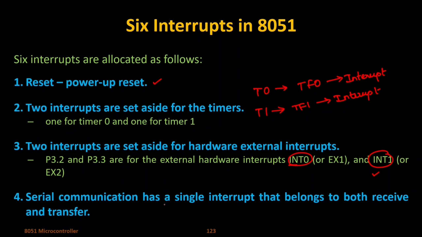For serial communication, we are having one more interrupt. Whenever it completes receiving or transmitting, it is going to create an interrupt. So reset is 1 interrupt, timer 0 is 1 interrupt, timer 1 is 1 interrupt, and the 2 external interrupts are 4 and 5, and serial communication is going to have the next interrupt, which is 6. So total 6 interrupts we have.